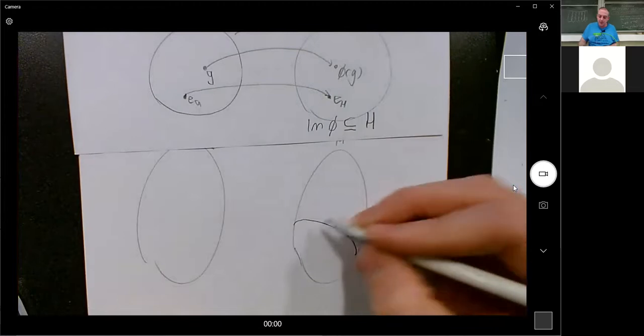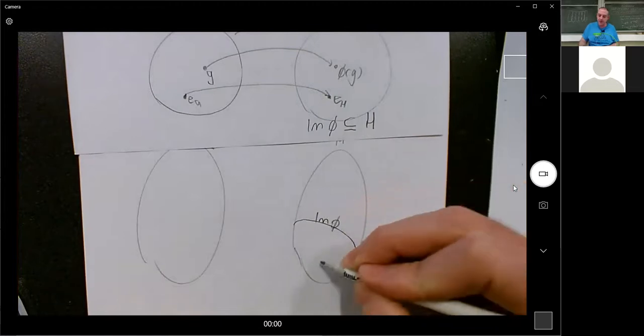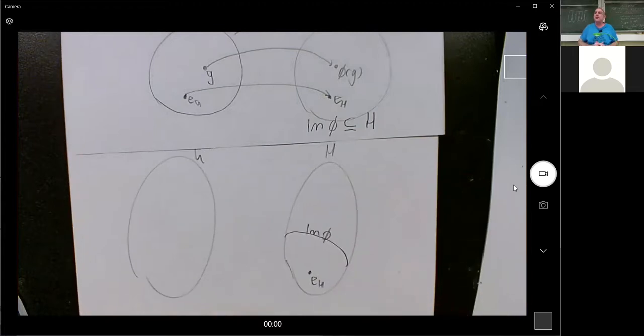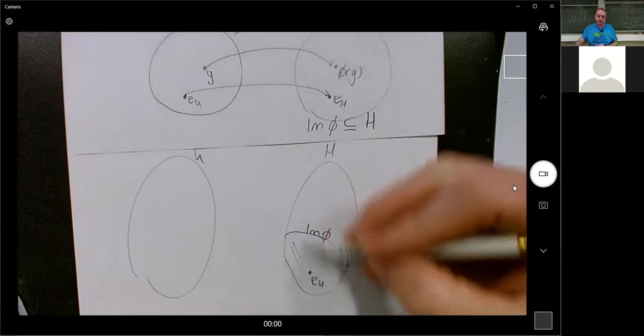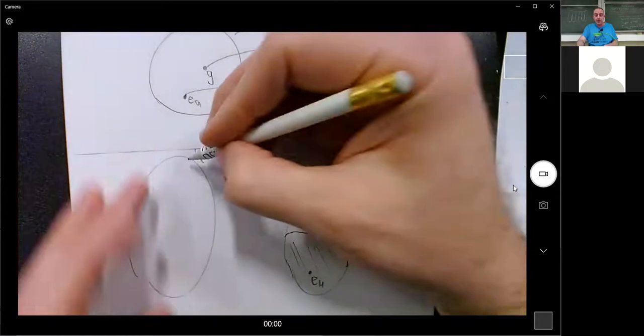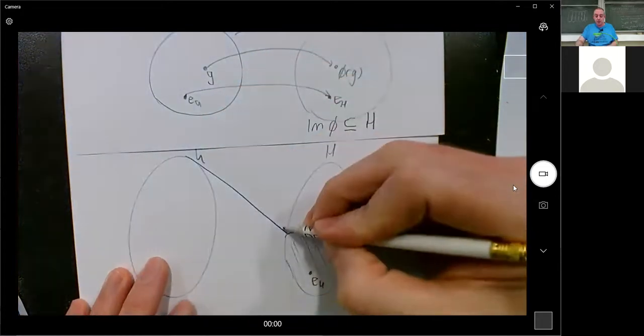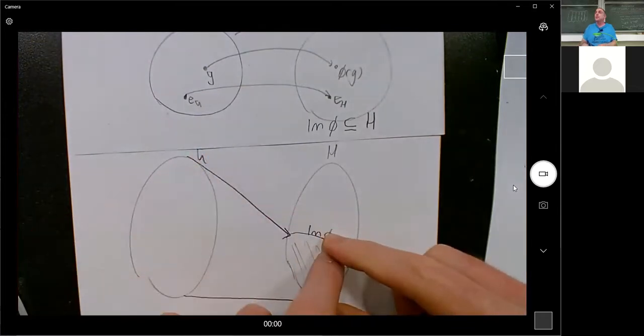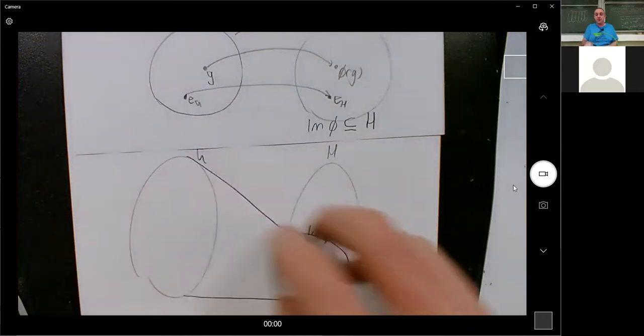So here is my image of phi, which is somewhere in H, but not necessarily the whole of H. That's what you were saying. And what happens is that when you do phi on the entire of G, it all ends up here in the image. The whole of G gets squashed into here.